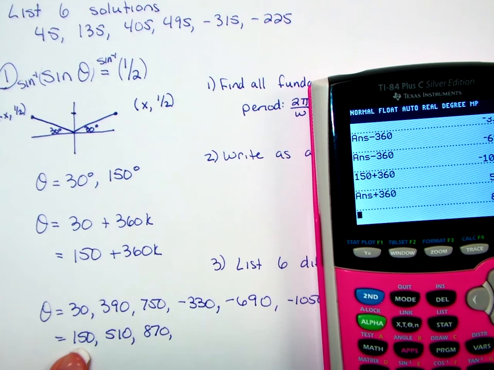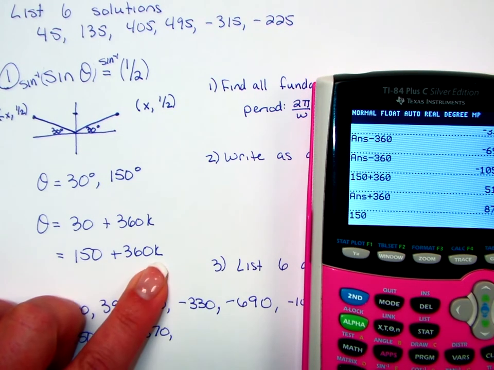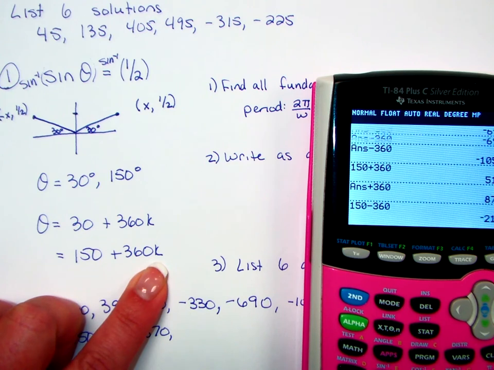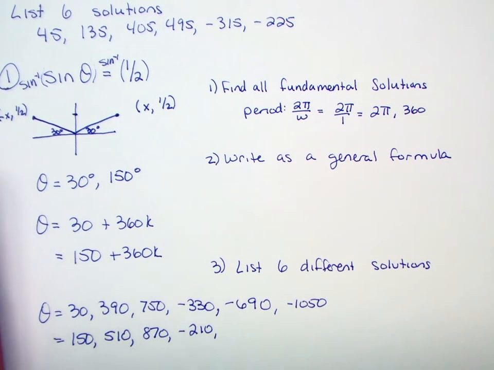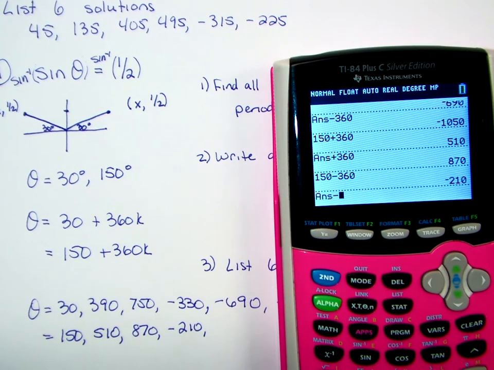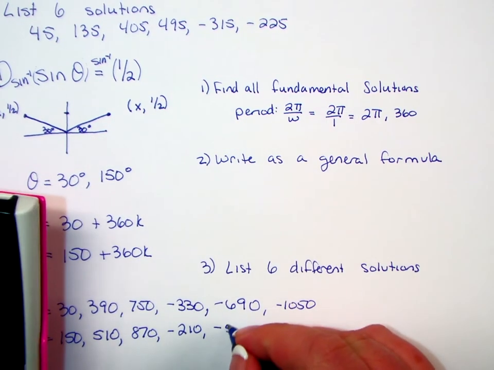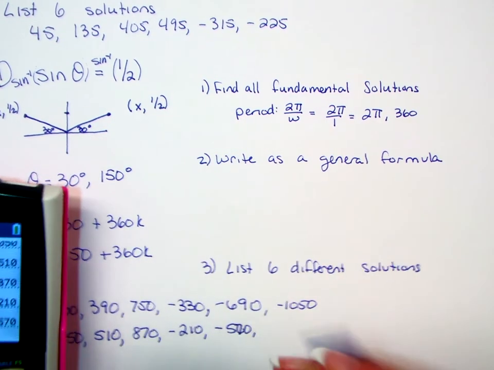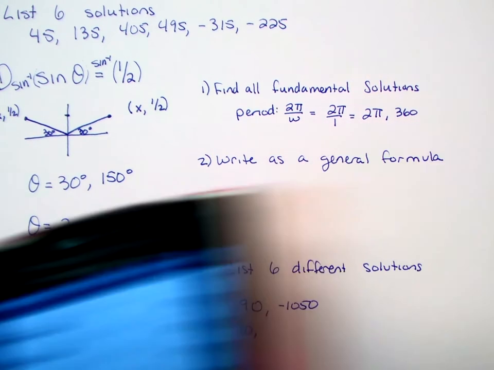Or if I wanted to find some negative angles, I would let k equal negative 1, which means I'm going to subtract 360 to get negative 210. Subtract 360 again, and that would get me negative 570. Subtract 360 again, and get negative 930.